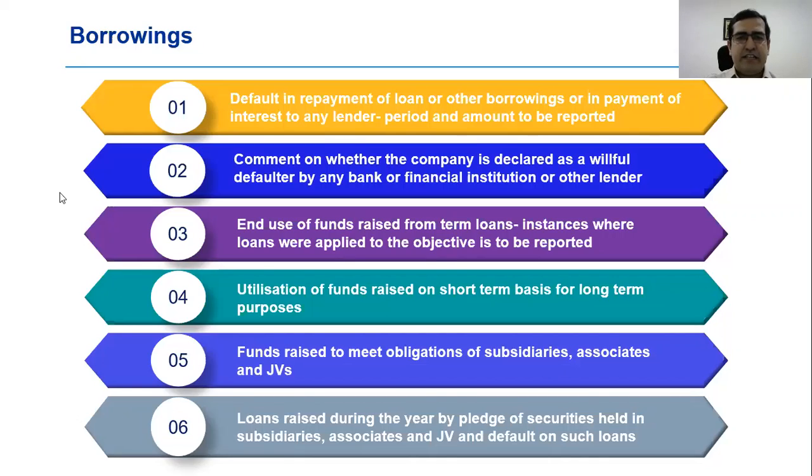Any fund that is raised to meet the obligations of subsidiaries, associates, and joint ventures needs to be specifically commented upon by the auditor. So for example, if the holding company has raised money and has given a loan to the subsidiary to meet the subsidiary's obligations, then that is something that could get reported here.